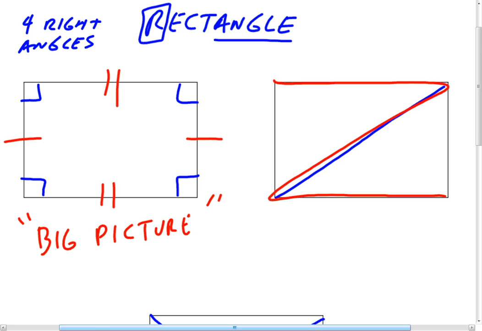So maybe that 90 gets split up into 20 degrees and 70 degrees. If that's true, then this is going to be 20 and this is going to be 70. We still have right angles here and here. What kind of triangles are showing up in this view over here? What kind of triangle is this?